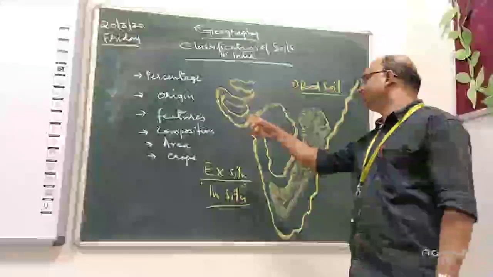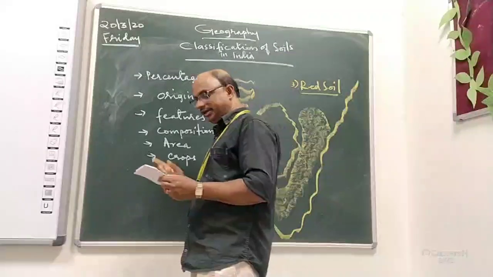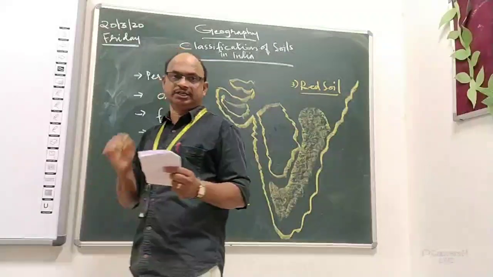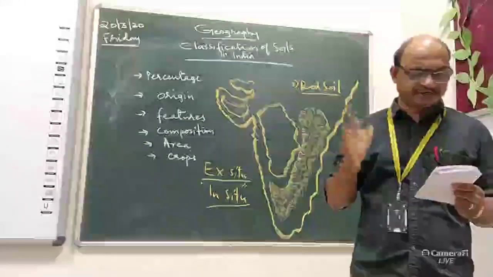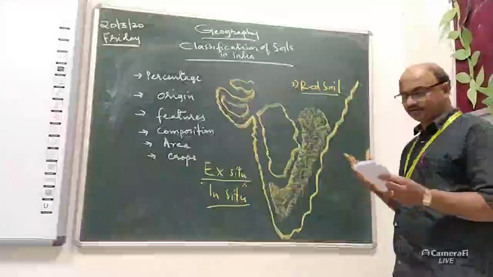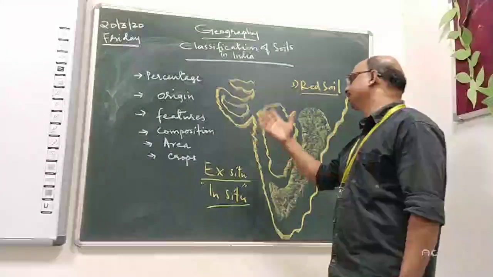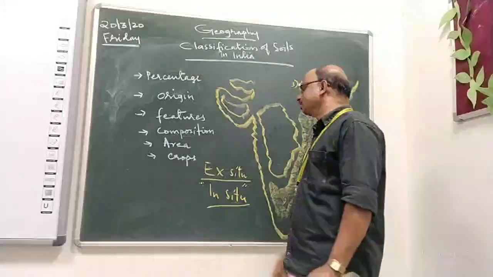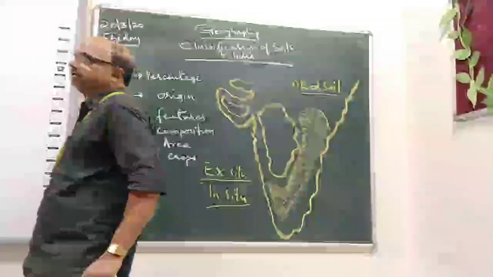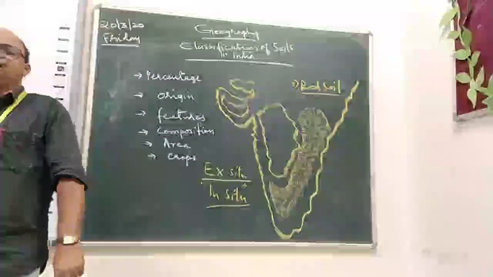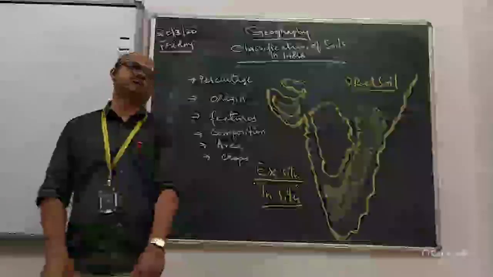Then only will we get proper crops from this soil. Here in this particular soil, some minerals are less, particularly magnesium is less, and nitrogen or humus content is also less. That is why if you want to cultivate certain crops in this soil, we have to add so much fertilizer.